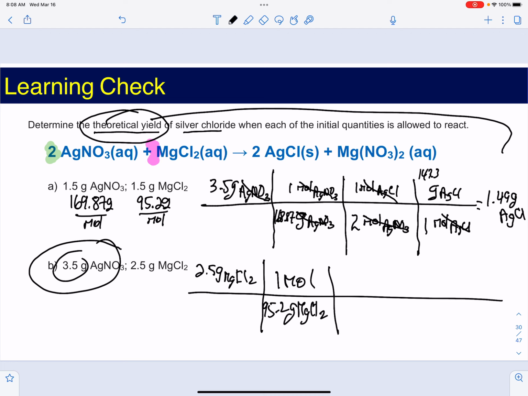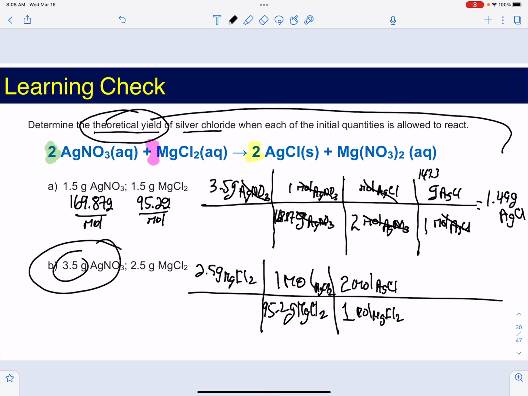But we don't want the moles of magnesium chloride, because we want the moles of silver chloride. And there's 2 moles of silver chloride for every 1 mole of magnesium chloride, which I just noticed I made a mistake on the first one. Silver chloride should be 2, not 1 like I did there.